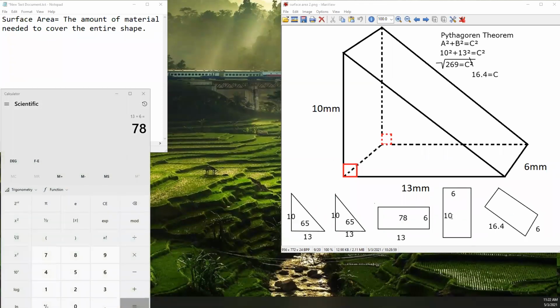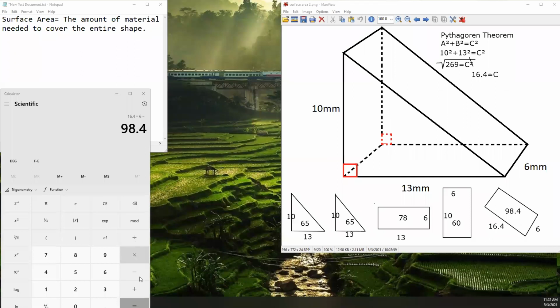Next one should be easy enough. 10 times 6 is going to give us 60. And our last one is 16.4 times 6, which is 98.4. We're going to take all of these numbers, add them up, and that is our total surface area.